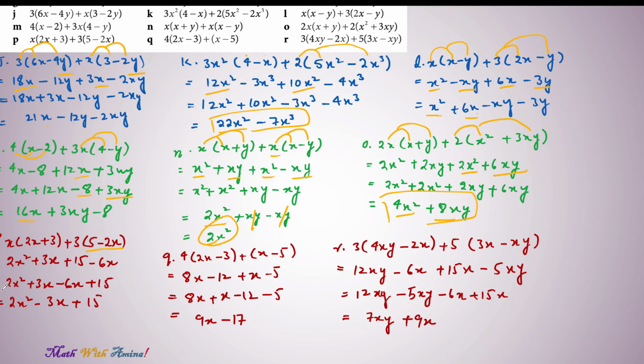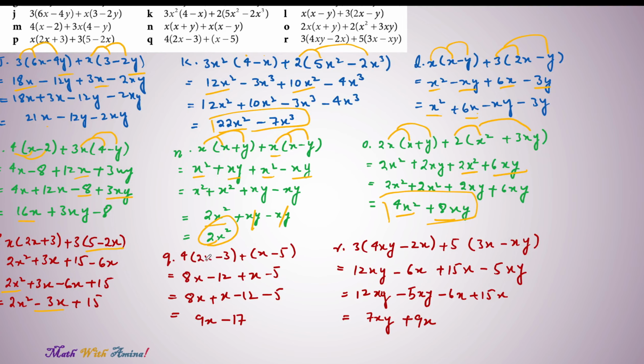We do not have any other term with the same power of the variable, therefore 2x squared will remain as it is. 3x and minus 6x are like terms, so we will further simplify them. Plus 3x minus 6x, we get minus 3x, and plus 15 will be written as it is. So the final simplified expression will be 2x squared minus 3x plus 15.